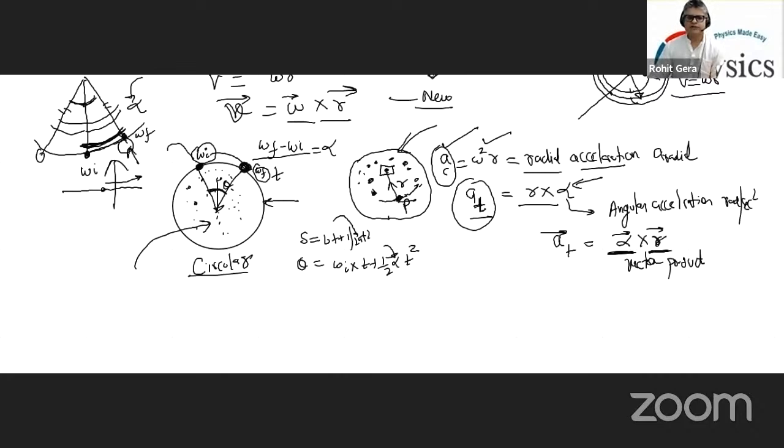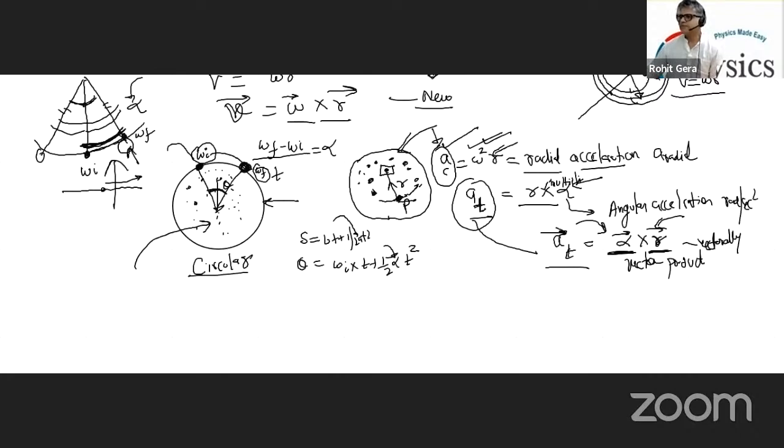I've written it first with a multiplication sign, but the next time I have put an arrow, so I'm writing vectorially. You can get questions in which alpha is given to you in ijk, r is given to you in ijk, and you're expected to find the tangential acceleration of the body. And A centripetal is always towards the center, so whatever is the vector of radius is the vector of A centripetal.